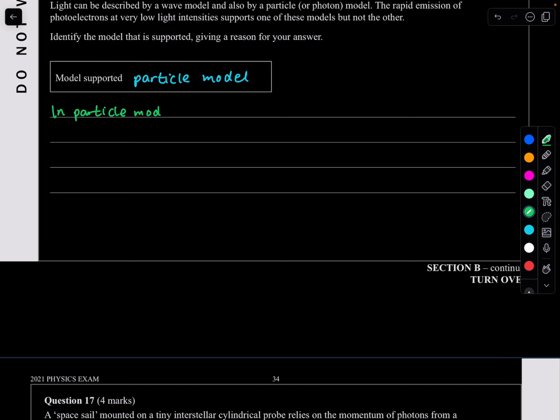In the particle model, the intensity of light is proportional to the number of photons emitted.